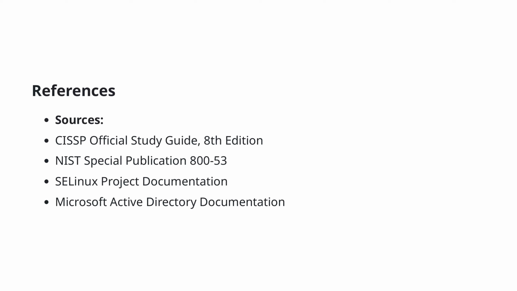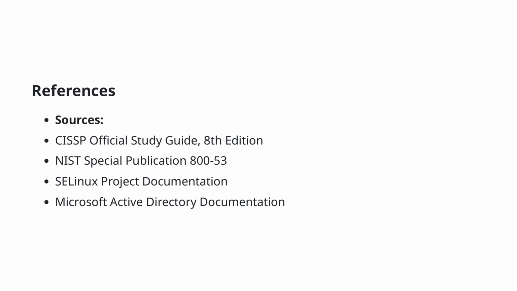On this slide, we have our references. These sources have been fundamental in shaping the concepts and practices discussed throughout this course. First, the CISSP Official Study Guide, 8th edition, offers comprehensive coverage of security principles and is a valuable resource for those pursuing CISSP certification. Next, the NIST Special Publication 800-53 provides detailed guidelines on security and privacy controls for federal information systems, which are widely applicable across various industries.